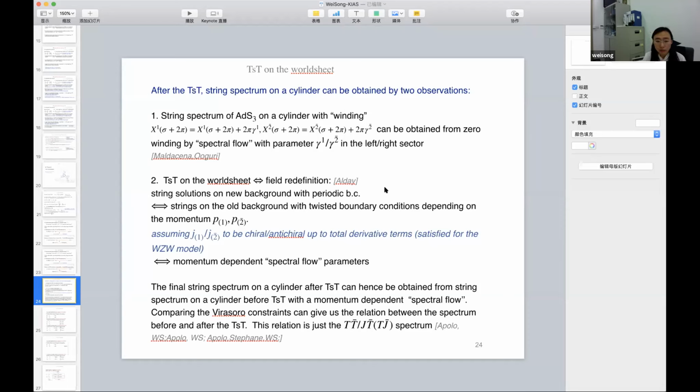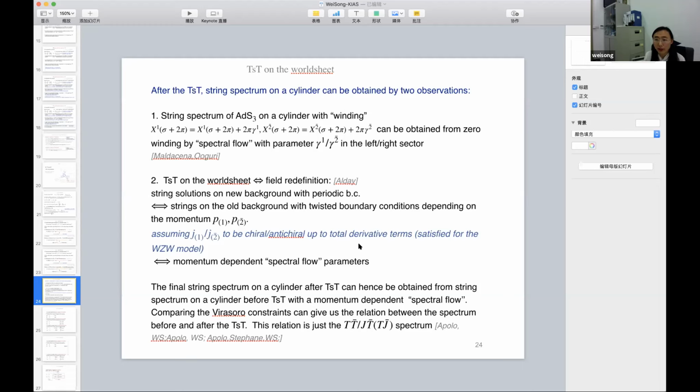And that means that solutions of the string in this new background can be obtained from the old solution by requiring that it satisfies some twisted boundary conditions.